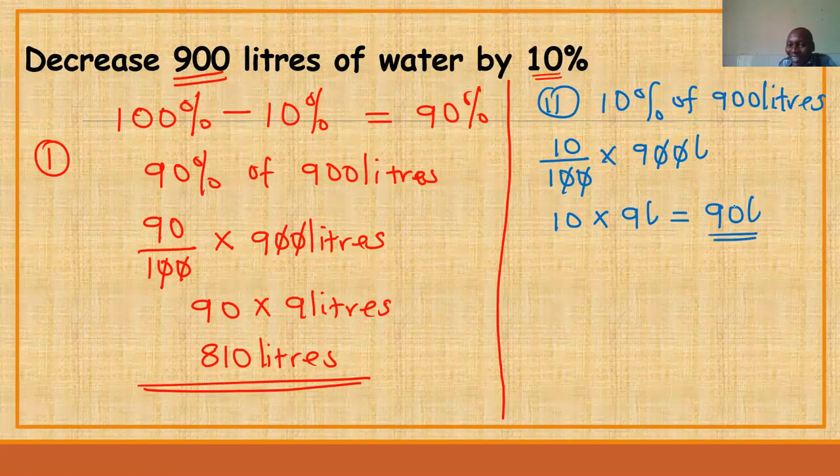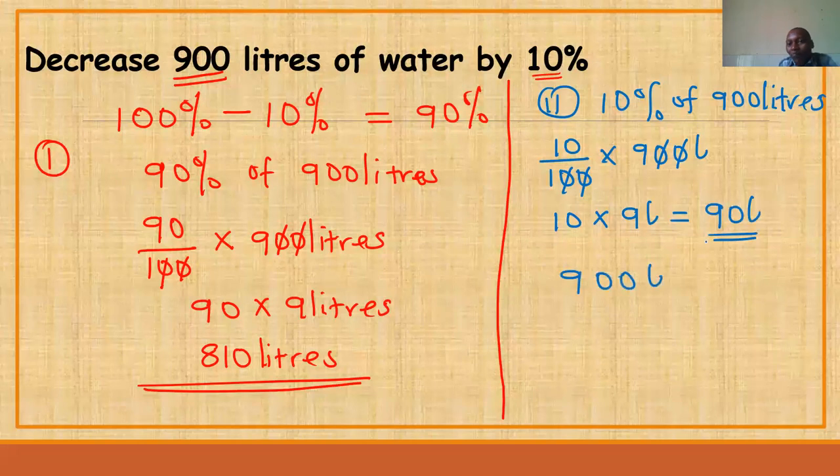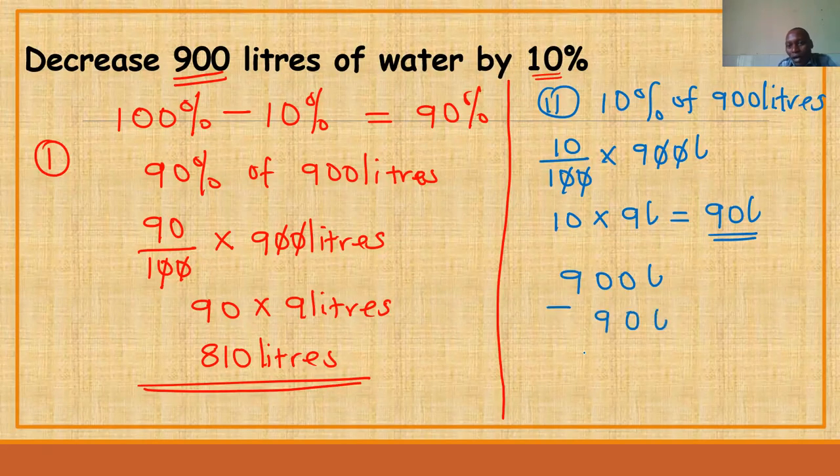Having gotten the 90 liters, these ones are equivalent to 10%. So I will come and say what was given as 900 liters minus the equivalent of 10% here, which is 90 liters. Subtract this one now.